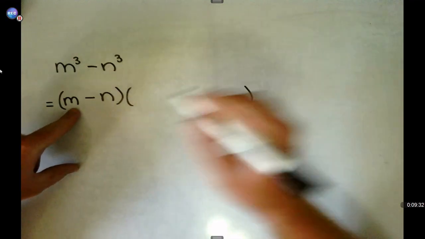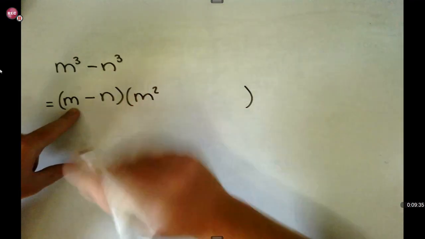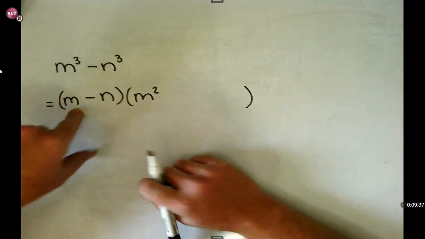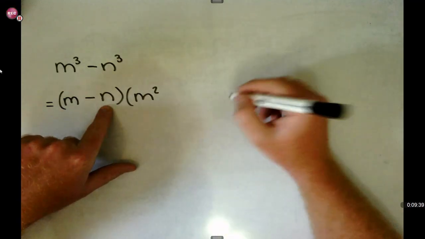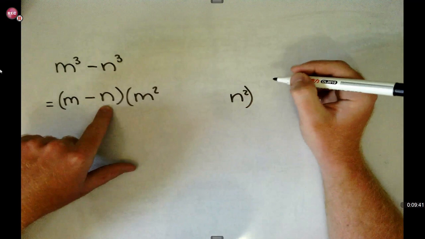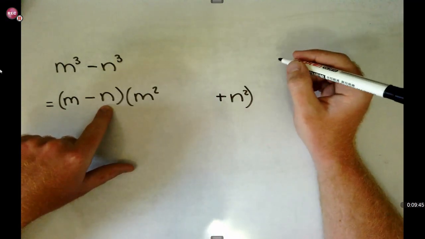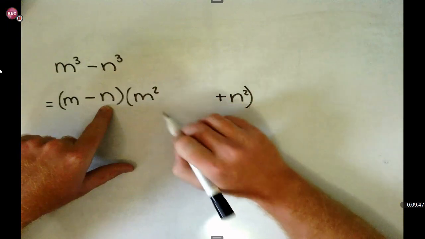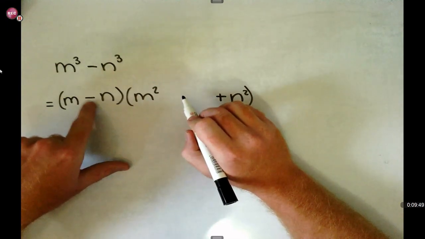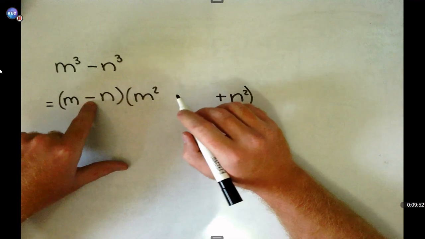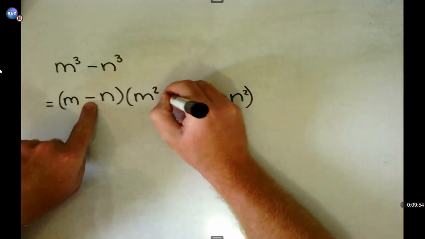So m times m is m squared. Then n times n gives me n squared. Remember, the sign at the back is always a positive. And then what you must keep in mind is that the sign for the second term is always the opposite of what is in the first bracket. So it's a negative there, so it's going to become positive there.